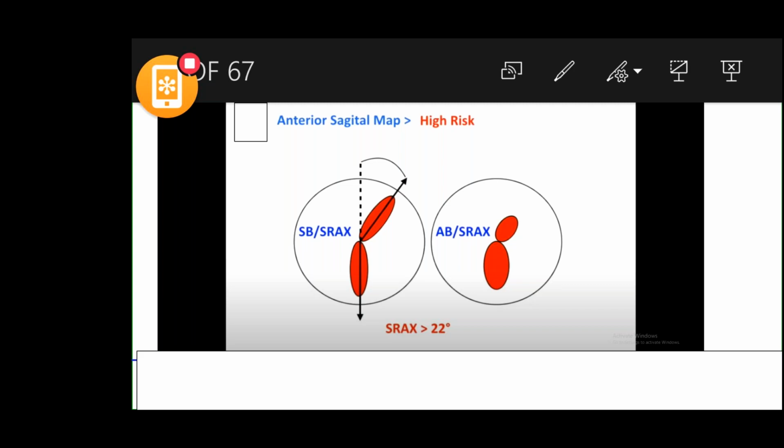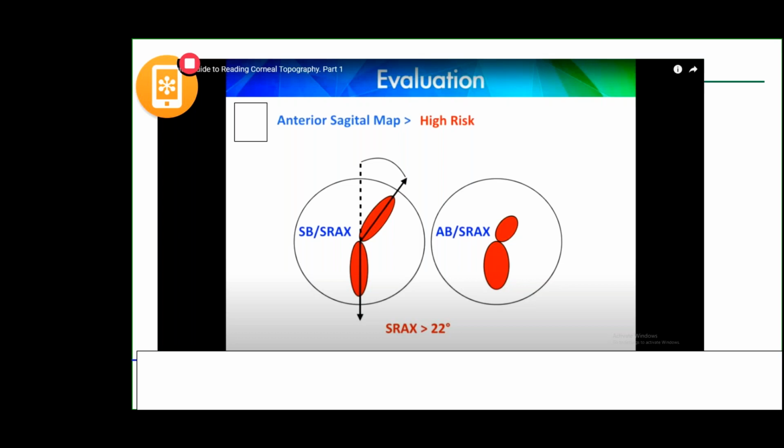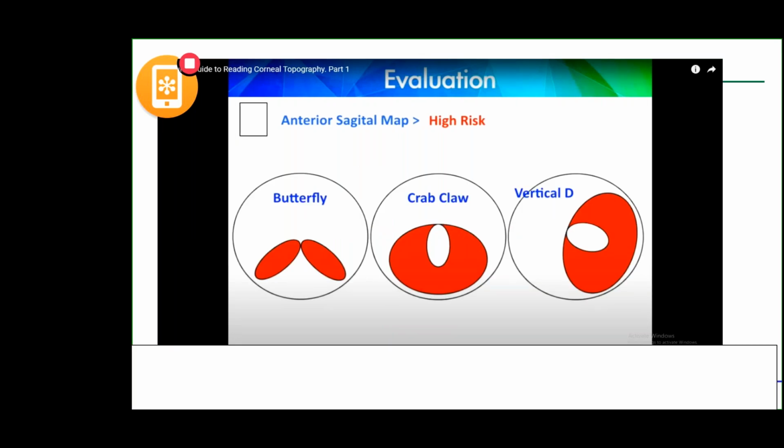These are the high-risk ones. So you have an asymmetrical bow and a symmetrical bow with a skew. These are the high-risk ones. And then again, the butterfly, crab claw, and the vertical D are again the high-risk ones. Okay.